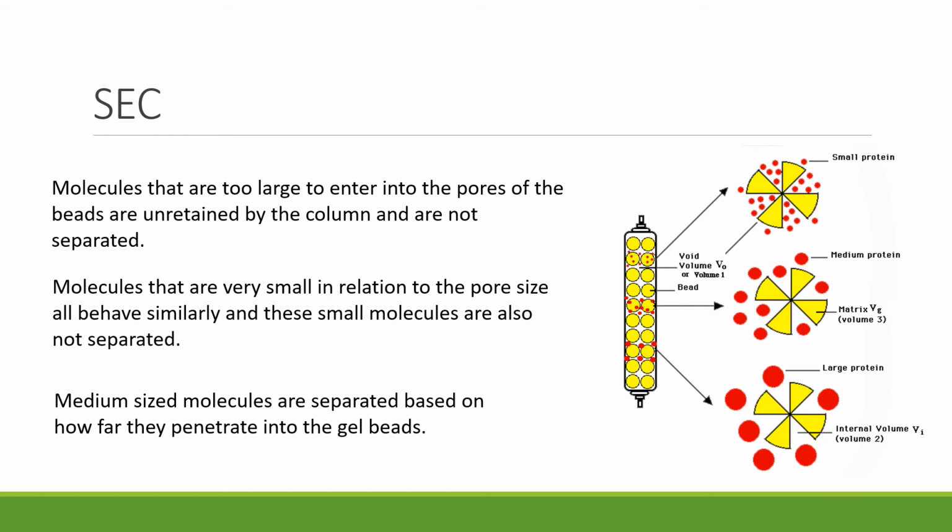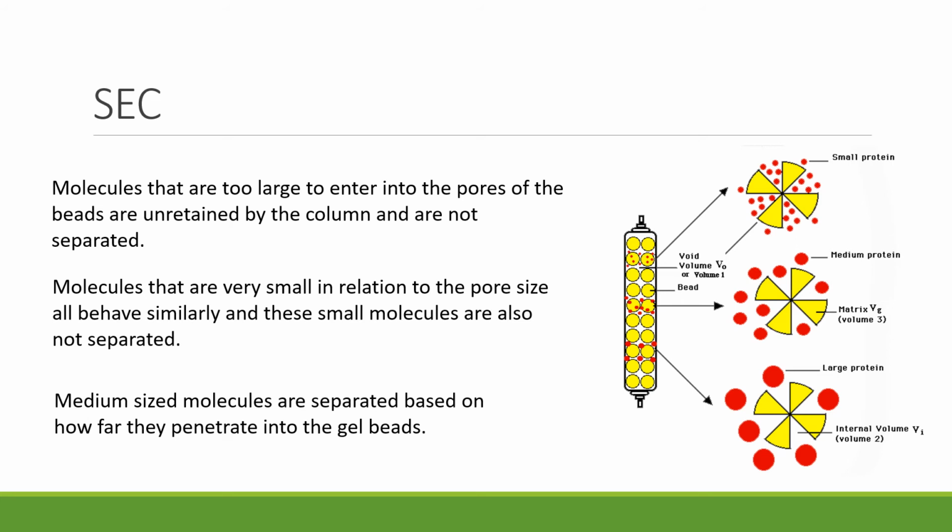Depending upon the molecular size of the components, they will penetrate into these porous beads. The small components will penetrate further into the beads and spend more time interacting with the beads, whereas the larger components will not.